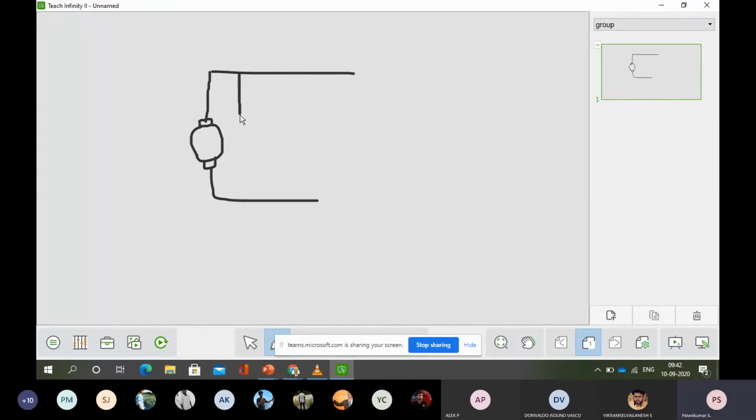This is also an electromagnet. If I connect that in parallel, and I give a DC supply, plus here and minus here. Suppose this is the entry of the field coil, F and FF.